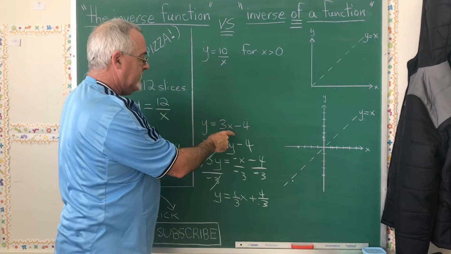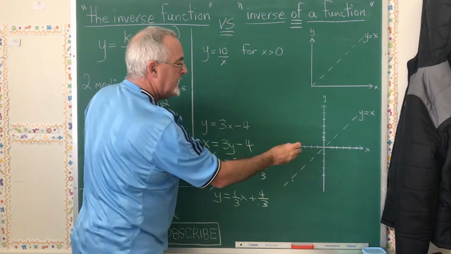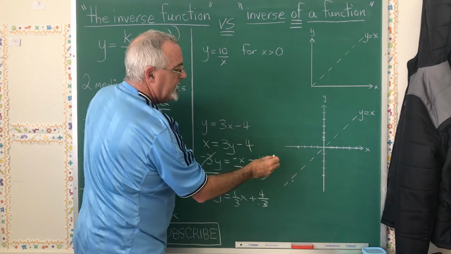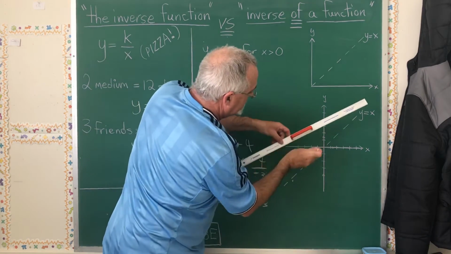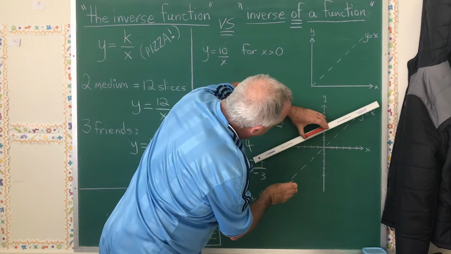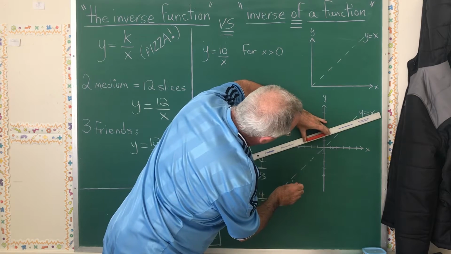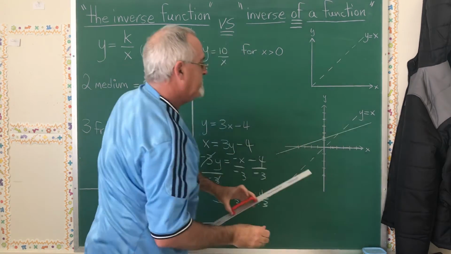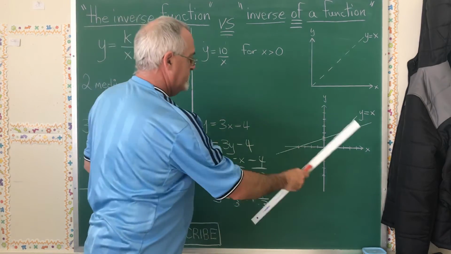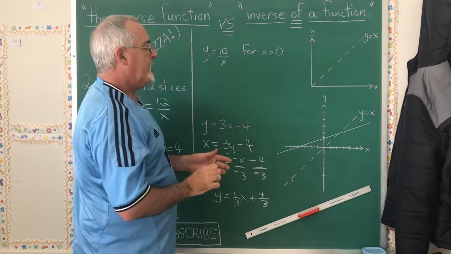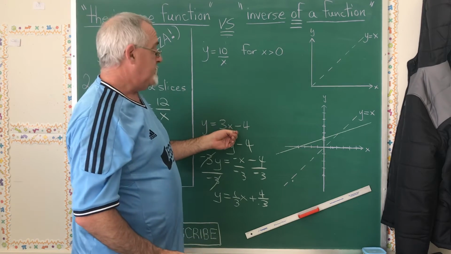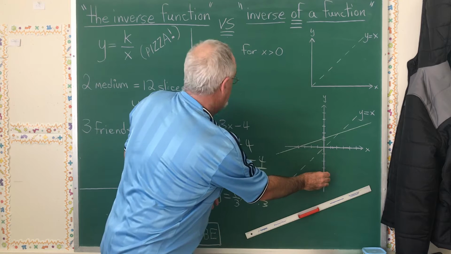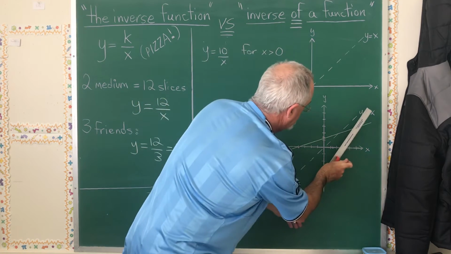If I graph the inverse, it's going to have a y-intercept of 4/3 and a slope of 1/3, and it's going to look like this. If I graph the original function, it has a y-intercept of -4 and a slope of 3, and it's going to look like this.